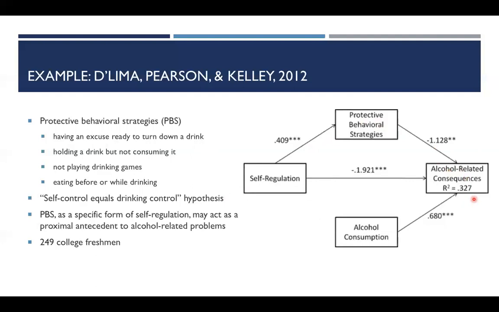Okay, so they tested this in 249 college freshmen, and you can see here are the actual numbers that they found. This diagram looks a little bit different from some of the ones that we've seen. You can see that they had alcohol consumption here, and that's just indicating that it was a control variable.